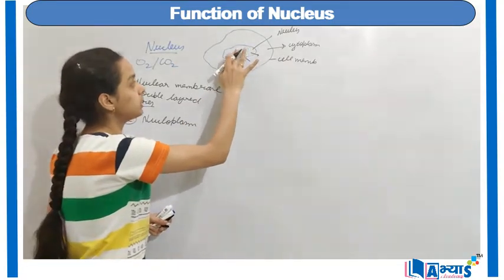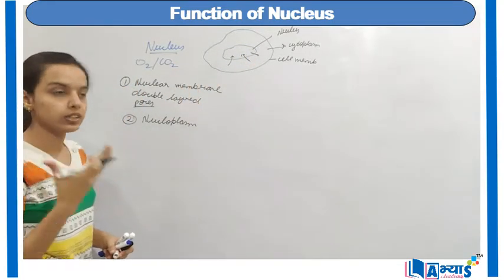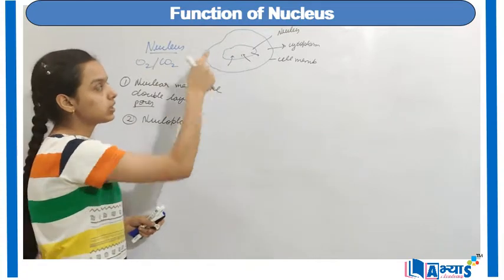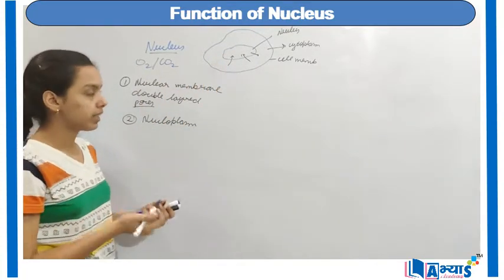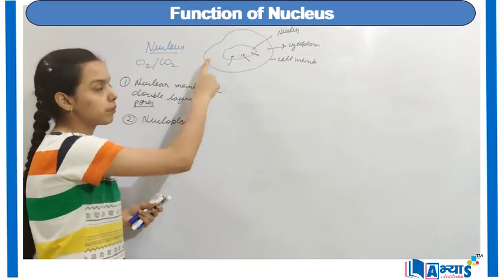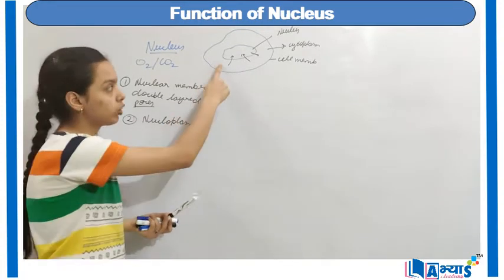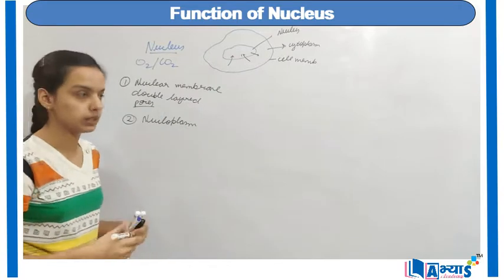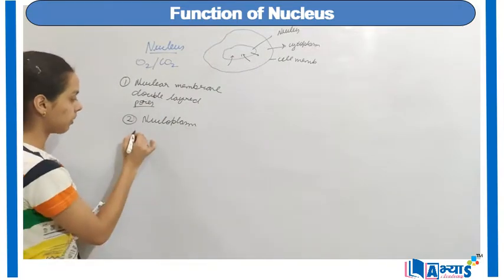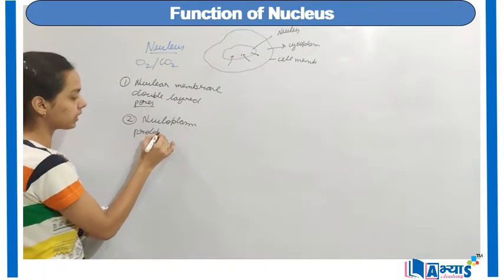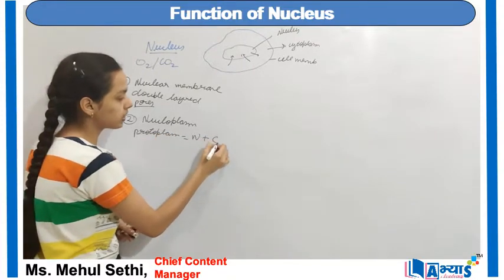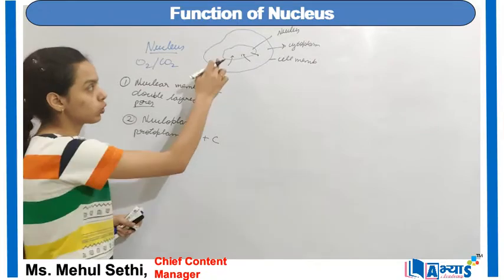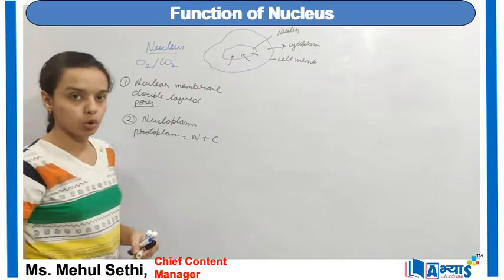The nuclear membrane is the barrier between the cytoplasm and the nucleoplasm. You must always remember that protoplasm is the combination of nucleoplasm plus cytoplasm. So together they are referred to as the protoplasm.